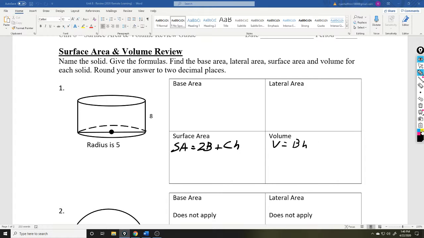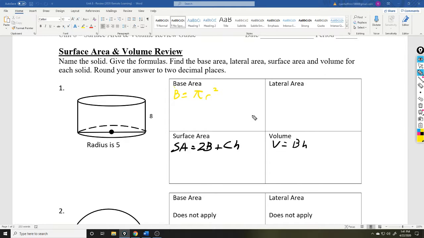All right, so we'll start with our area of the base. I've been putting that in yellow as we've done these problems. Area of the base is going to be, well, area of a circle is pi r squared. It'll really help you to know these area and circumference formulas. I would say if you know no other formulas from this chapter, make it that you know area of a circle and circumference of a circle. Area is pi r squared, circumference is 2 pi r. Because our next chapter, our last chapter of the year, is going to be all about circles.